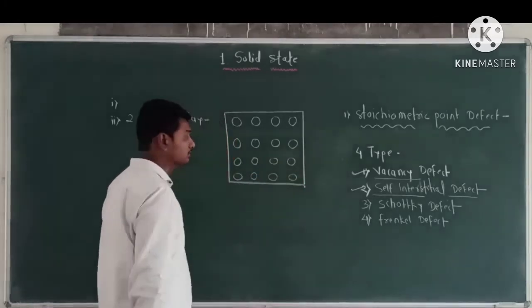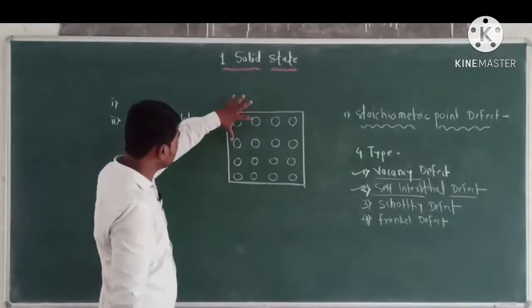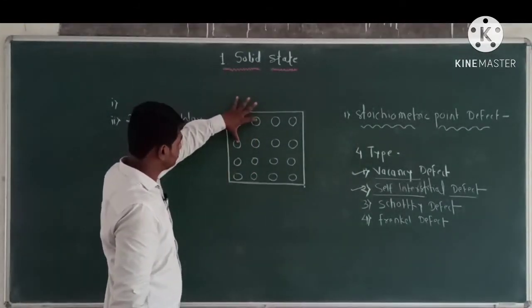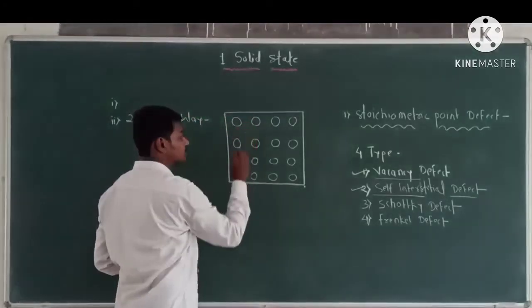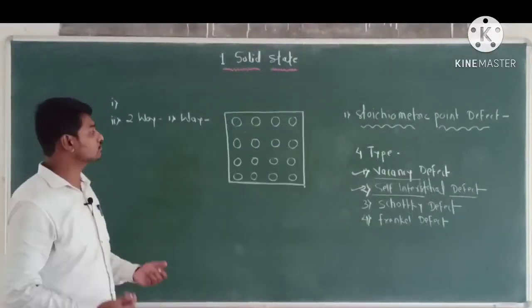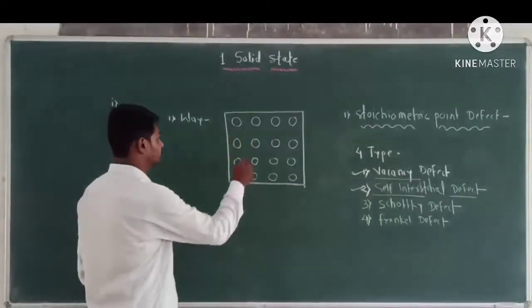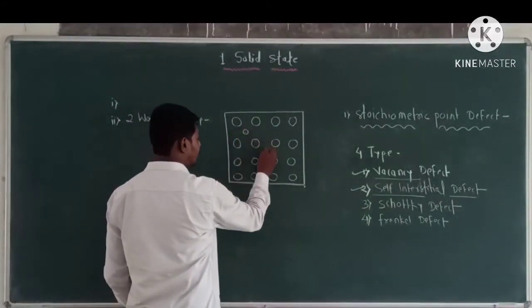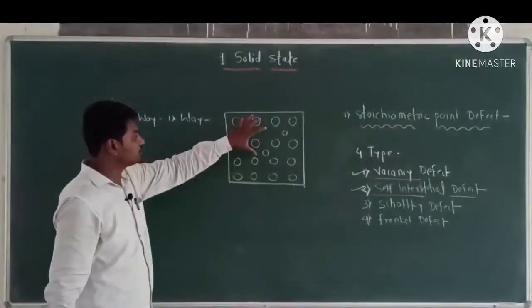And this is the interstitial site, that is the space between two constituent particles. The space between the constituent particles is called the interstitial site. Now in the first way, some extra constituent particles occupy this interstitial site. For example, here some extra constituent particles occupy this interstitial site.